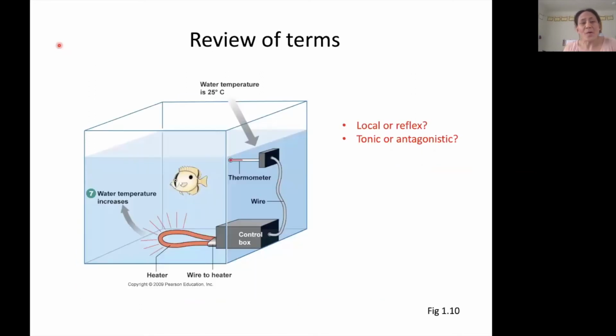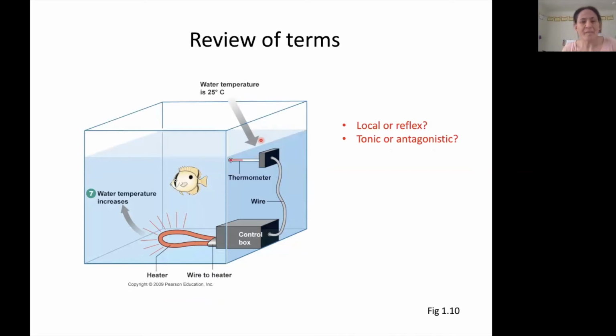All right, so let's take a moment now to review our terms, and we're going to do that by looking at this aquarium example here. We have a thermostat system in an aquarium where we're trying to maintain the water at a particular temperature.